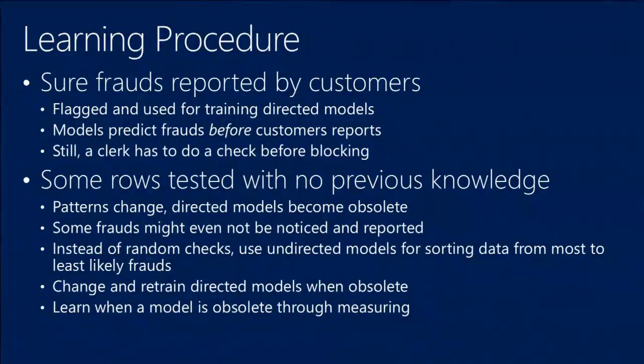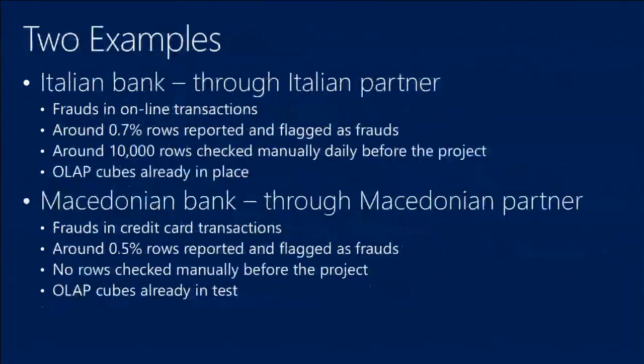So you have then all of the infrastructure you need. So when, let's say, the absolute efficiency of undirected models goes down, it's time to refine also the undirected models. Learn new patterns.